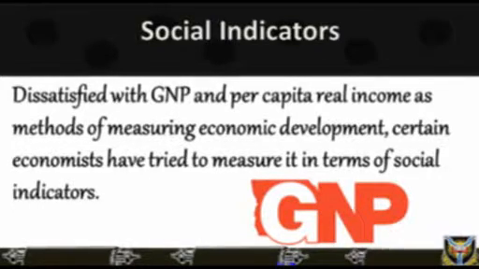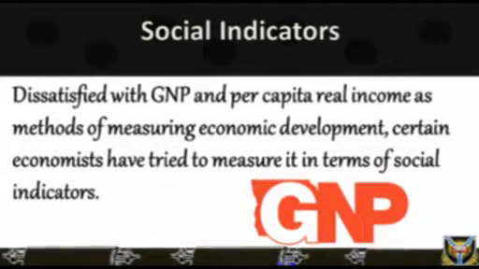This group of economists has included a wide variety of items in social indicators, such as nutritional standards, number of hospitals, beds or doctors per head of population, infant mortality rates, sickness rates, etc. Social indicators are often referred to as the basic needs for development.